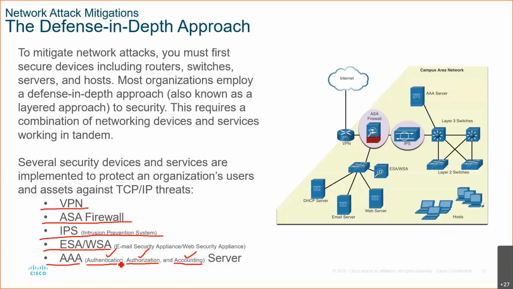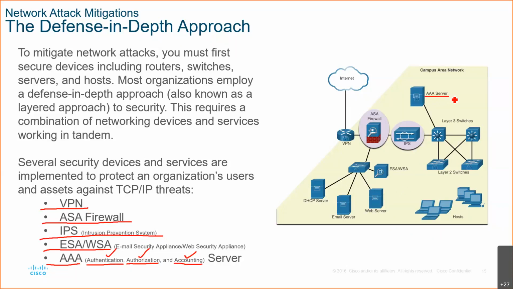So think about all these things, my dear students. Look at this picture that they are giving us. They have got a firewall, a VPN, and an intrusion prevention system. The server that they have is a triple A server.